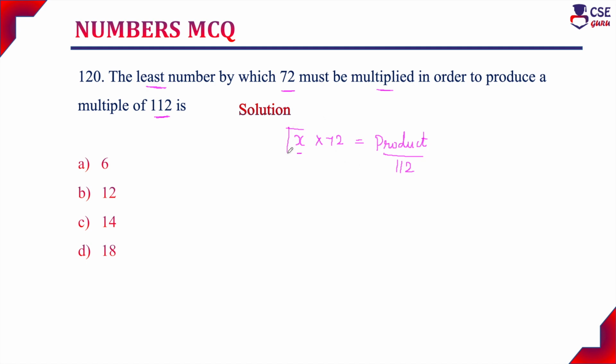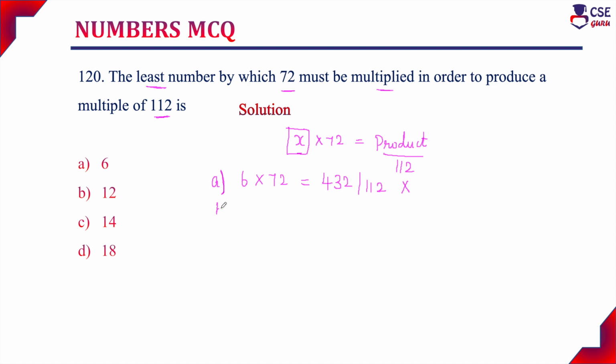So what is the value of x we need to find? Here they have given 4 options. We will consider these 4 options only. So option A, the value is 6. 6 into 72, the result we will get is 432. That is a product. And 432, if you are dividing by 112, it is not exactly divisible by 112. We will get a remainder.